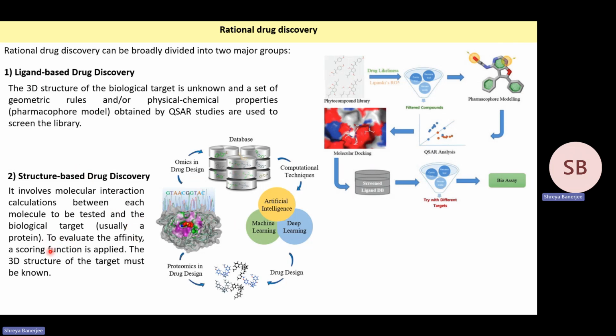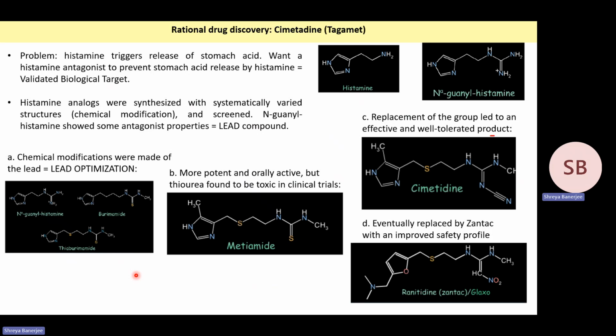To evaluate this affinity, often a scoring function is used. We'll learn about this later, which gives us an idea about which molecules are high binding. So for this method, the 3D structure of the target must be known because we are checking the binding affinity of the ligand with the target. That's why it's called structure-based drug discovery, because we must know the 3D structure of the target.